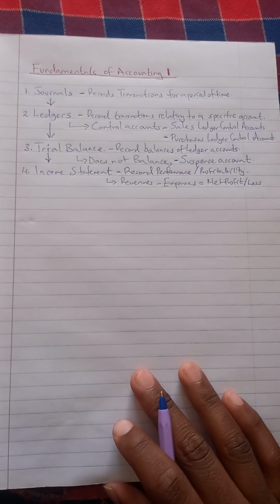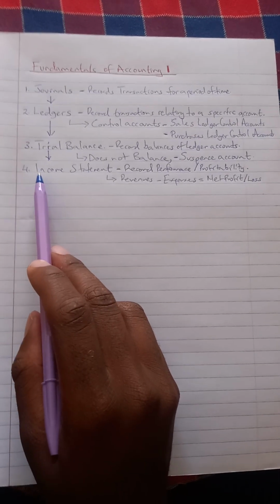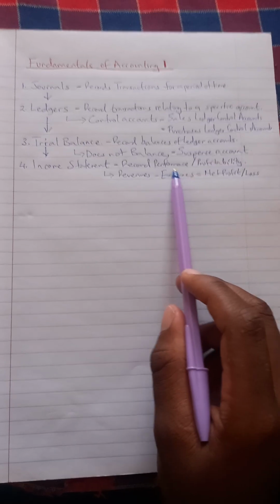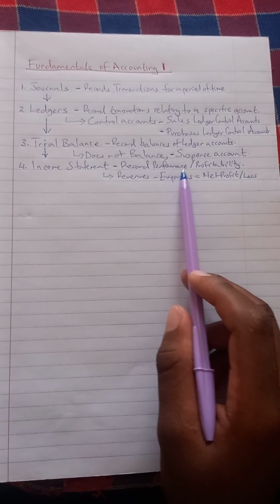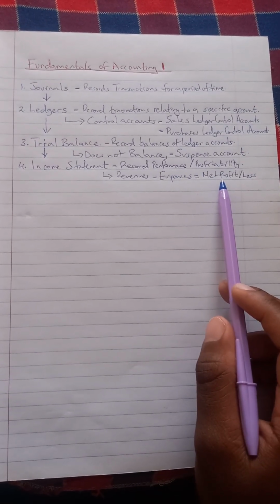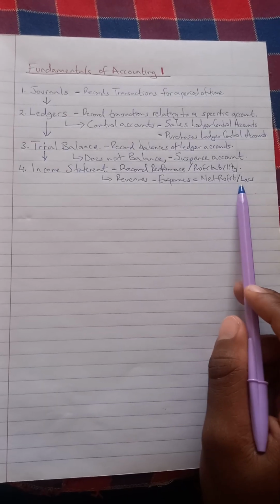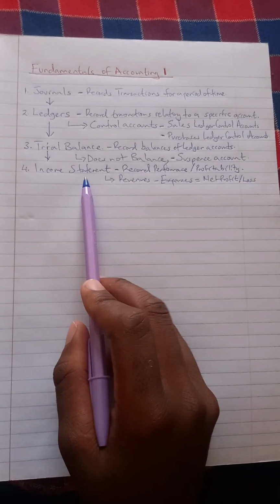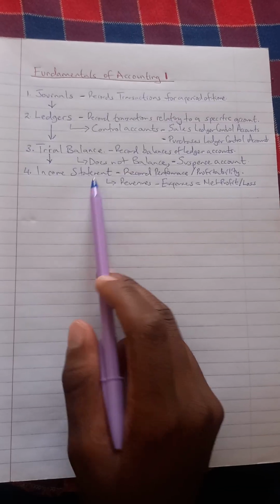Okay, so the main objective of creating an income statement is to see how the company is performing, and you will only know that if your result is either a net profit or a net loss. So we will see how you create an income statement.